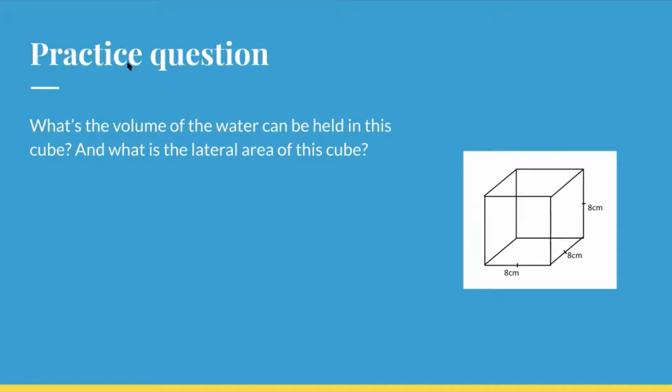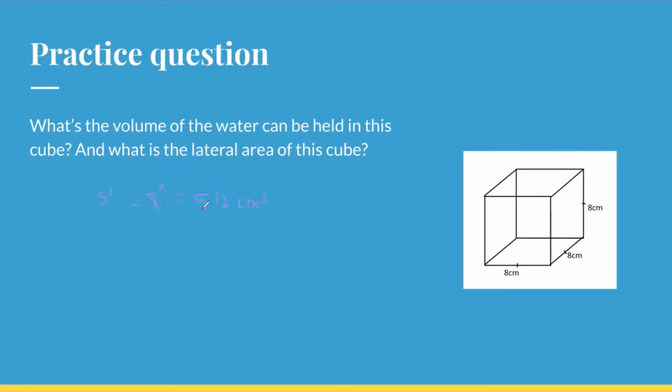So it's asking the volume of this cube, and we know the formula for the volume of a cube is s cubed, so it would be 8 cubed, and it equals 512 centimeters cubed.